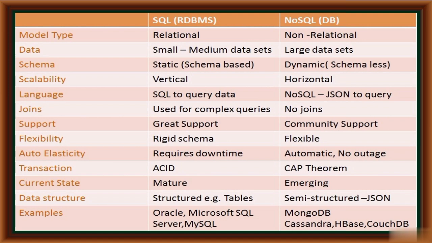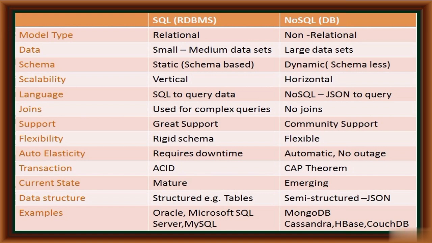With traditional databases, it is schema based. The schema has to be predefined before it can be used. With NoSQL databases, the schema is dynamic, almost schemaless, so it's defined at execution level. With scalability, you can scale traditional databases vertically and you can scale NoSQL databases horizontally.